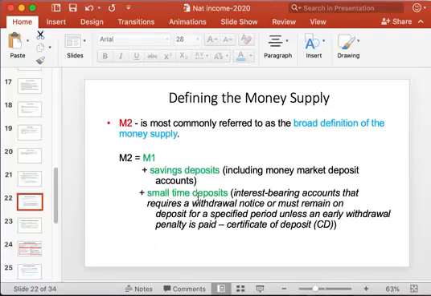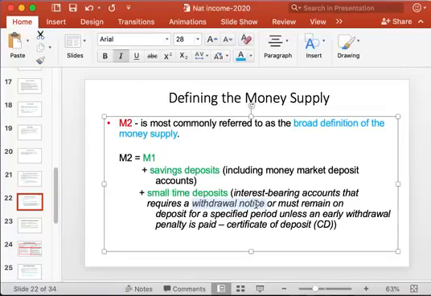And small time deposit refers to interest bearing accounts that require a withdrawal notice or must remain on deposit for a specified period of time unless an early withdrawal penalty is paid.